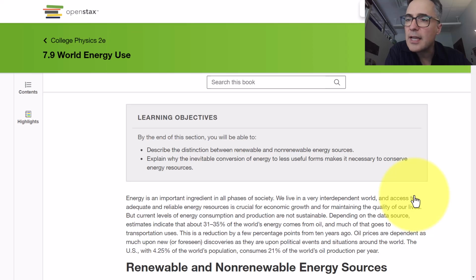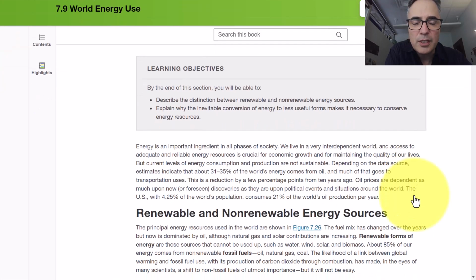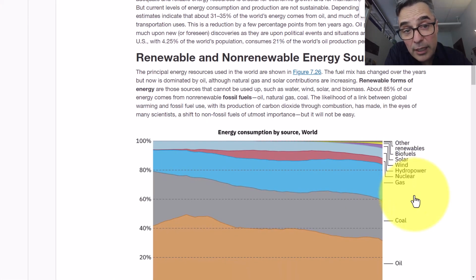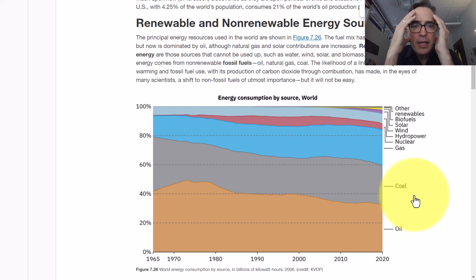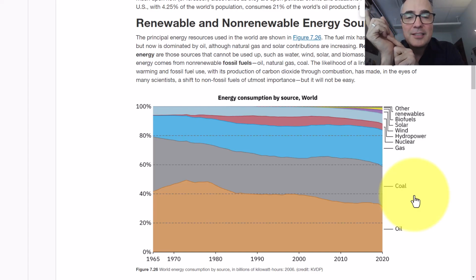And then the last section is world energy use. They talk about renewable and non-renewable energy sources. Now, I don't know if there's some sort of Republican Party lobby working at Rice University, but this entire section does not mention climate change and does not mention greenhouse gases.